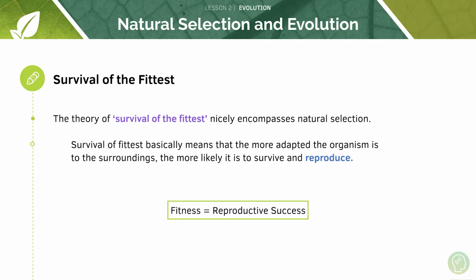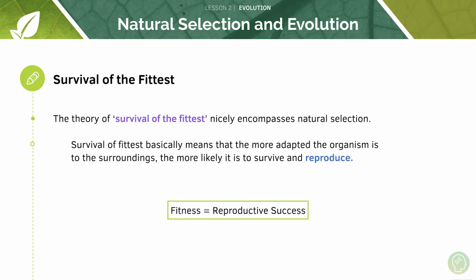So the organisms that are more adapted are going to be fitter, and that means that they are more likely to survive and therefore go on and find a mate and reproduce to produce successful and healthy offspring.